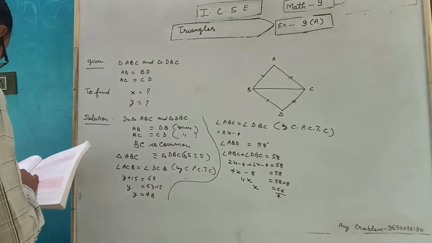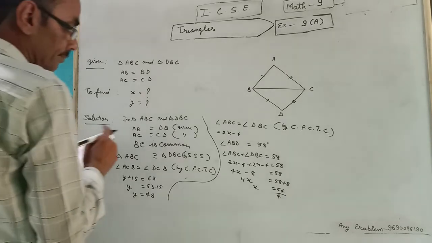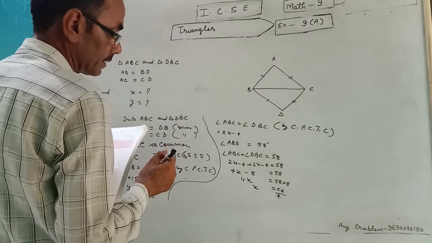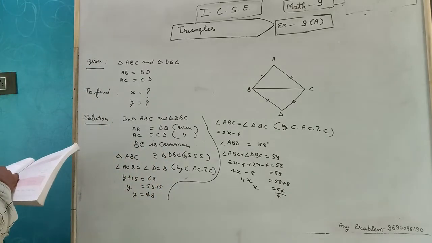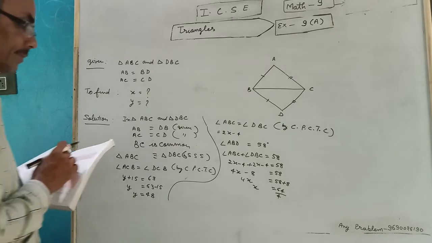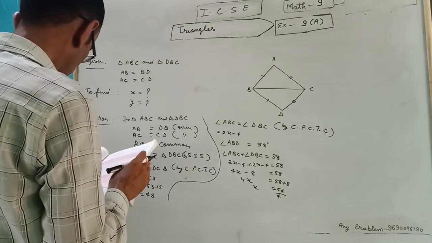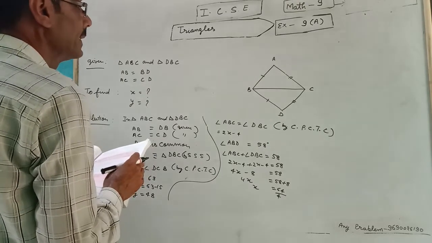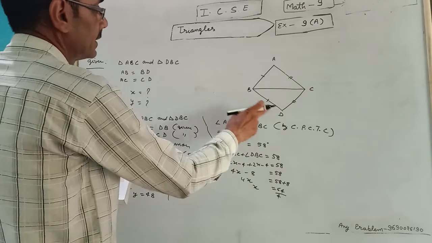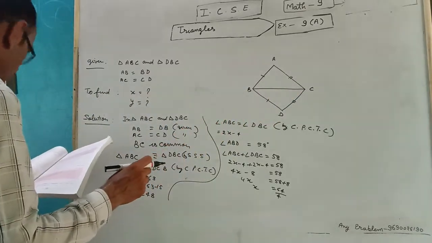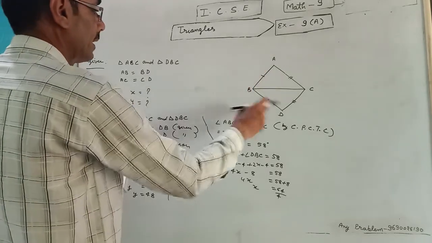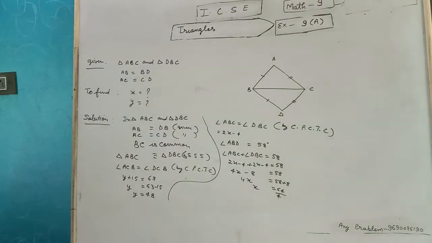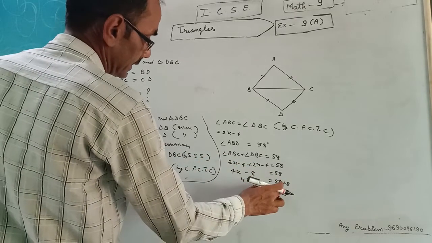ABD value is 58. DCB value is 63. ABD value is 64. 58 plus 8 is 66.